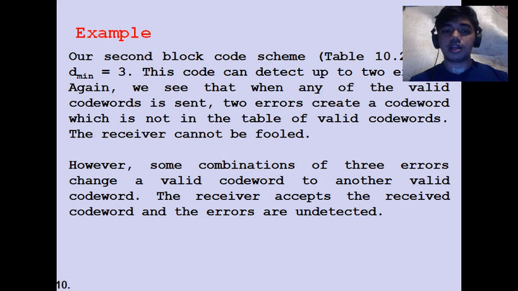The receiver cannot be fooled, which means that an invalid code word will be detected as an error, so the receiver cannot be fooled by it.